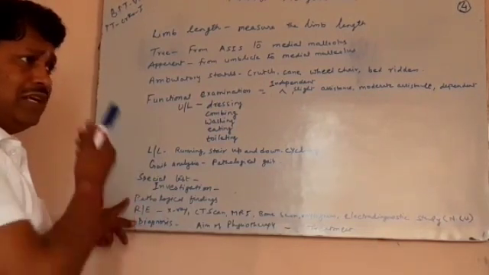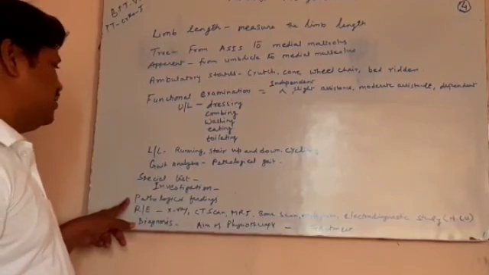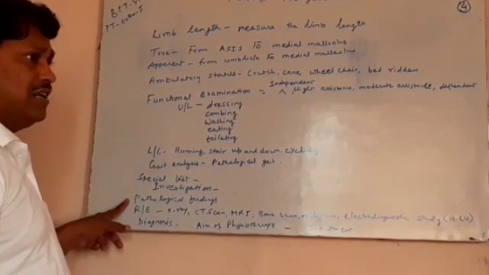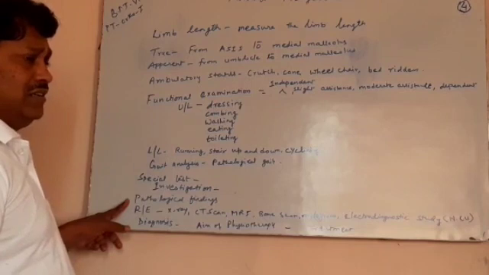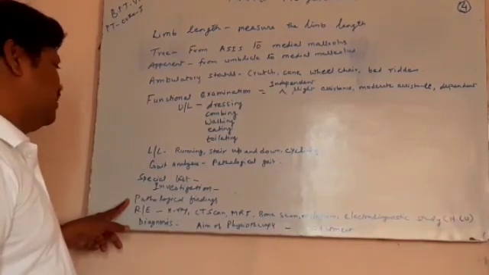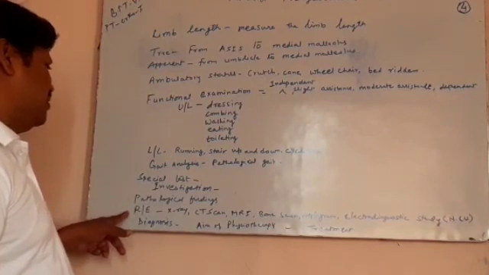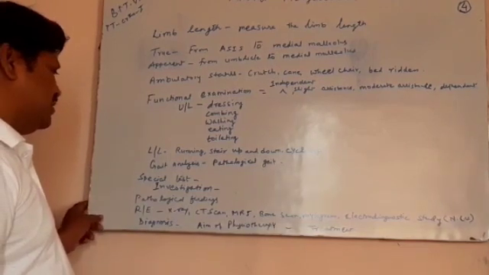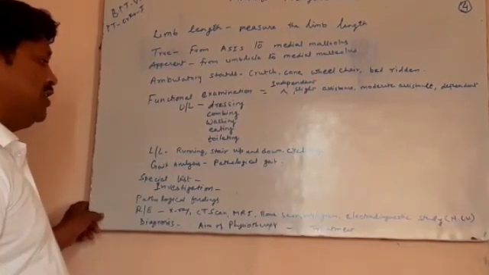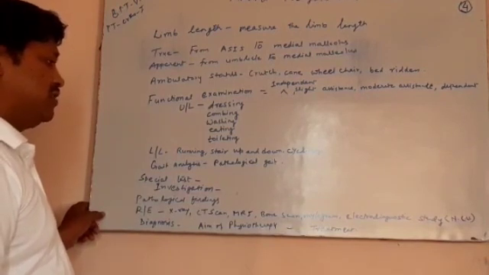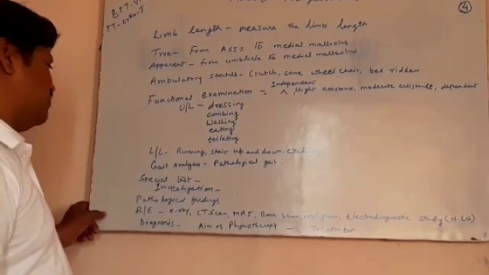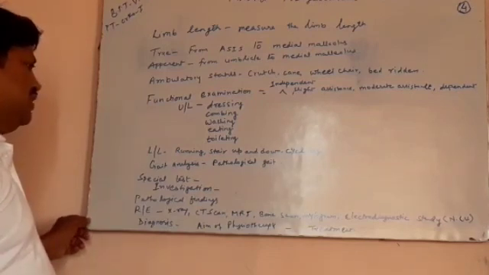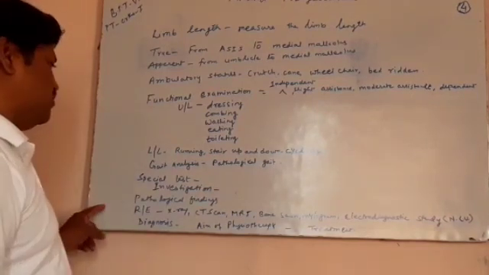There are blood and urine related pathological examinations which also confirm certain diseases, such as the ESR, the RA factor, the ASO titer, the HLA-B27 test, etc. In radiological examination we can investigate by X-ray, CT scan, MRI, bone scan, myelogram, electrodiagnostic study, etc. And the findings or the report of the test should be mentioned.